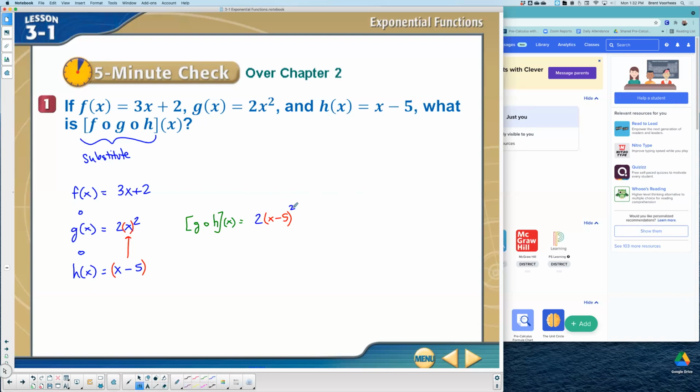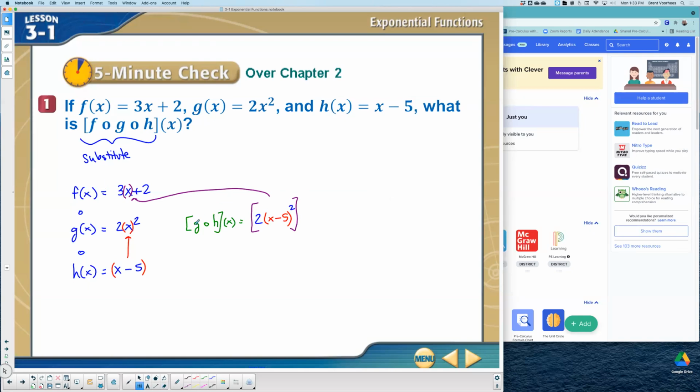I'm just going to leave it in that form, and I will substitute this. So now, what am I substituting? I'm going to use a different bracket. I am substituting this whole g of h, all that portion right there. And where will it go? In for this x in f of x's equation.